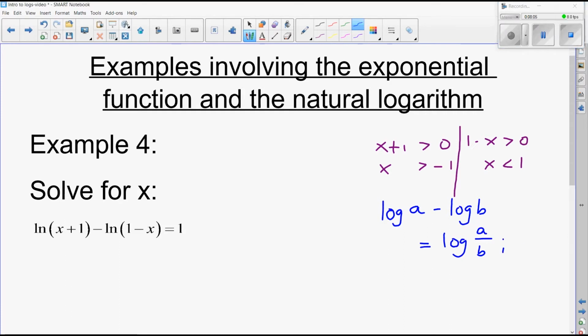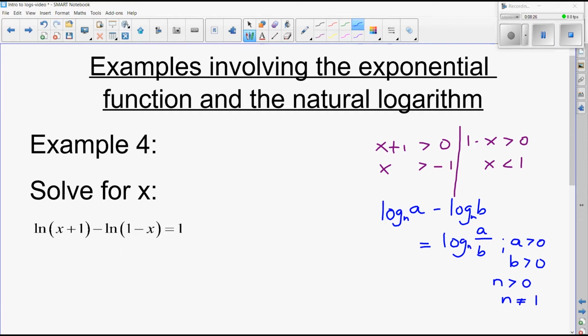And remember that a must be greater than 0 here, and b is greater than 0 here. And this could be to any base, so let's just keep it to base n. That means the base must be positive and the base cannot equal 1. So these are the restrictions that I need to consider.